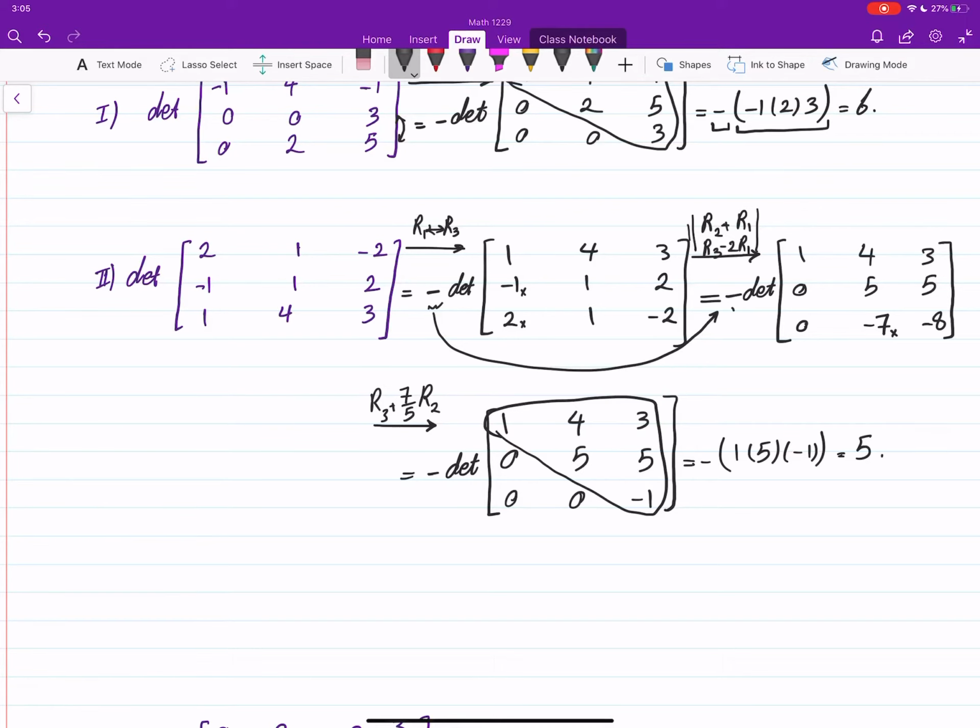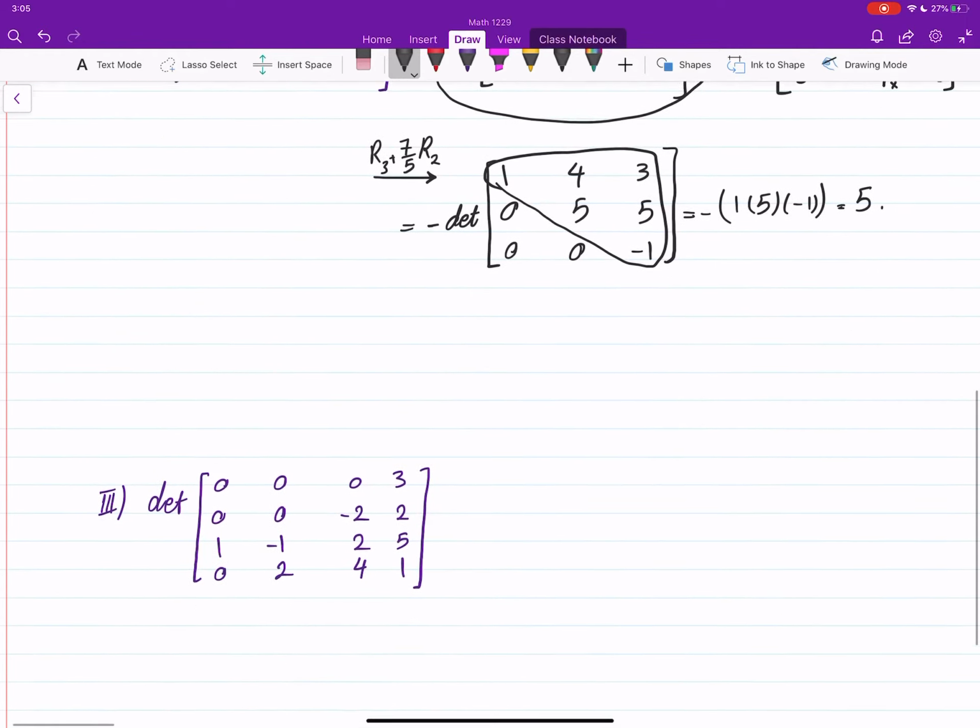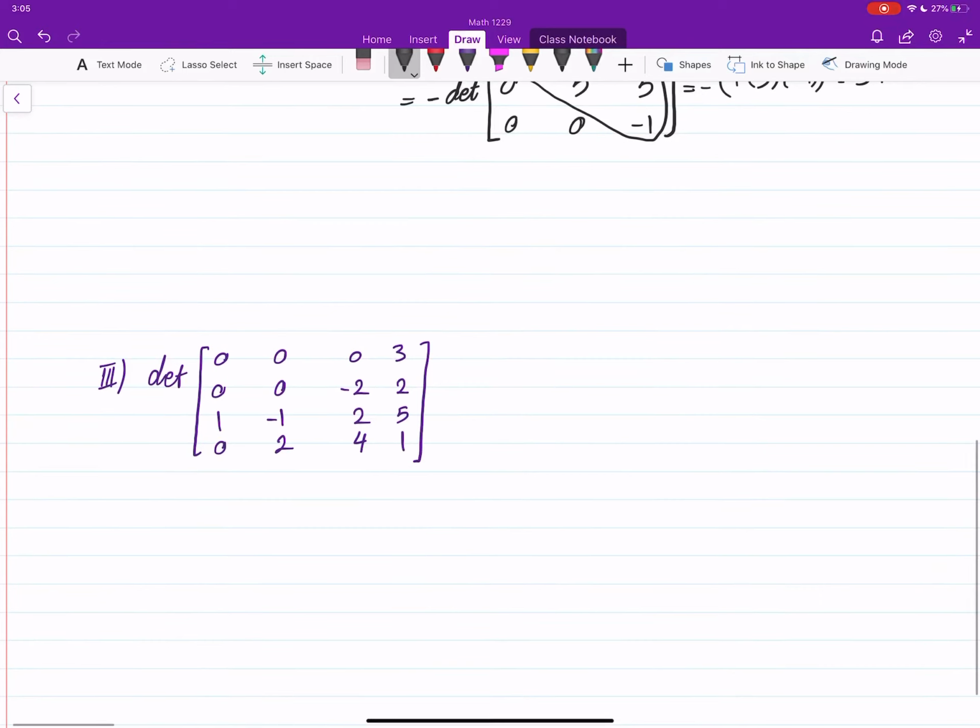Very nice. How about this one here? Okay, so this one needs a little bit of work, but if you look a little bit closely, you will see that I need to interchange row 1 and row 3. This guy is better to be in the first row.